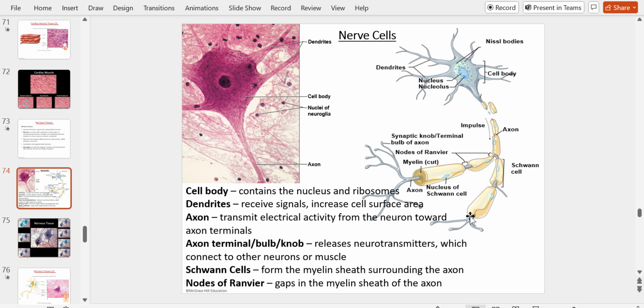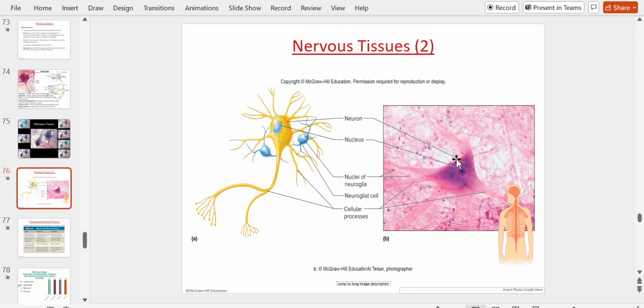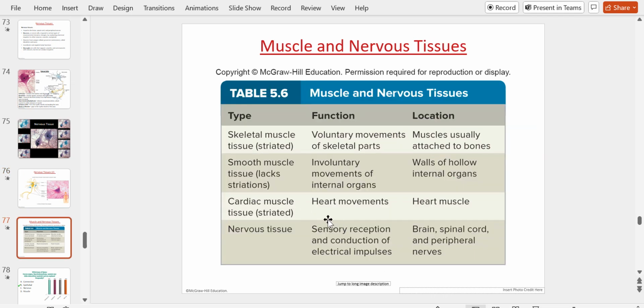I've seen three different names. These are Schwann cells, and these are the nodes of Ranvier. There's just some nice shots there of nervous tissue, very easy to identify. There's your dendrites, your cell body, and then your axon with your terminal bulbs at the end.